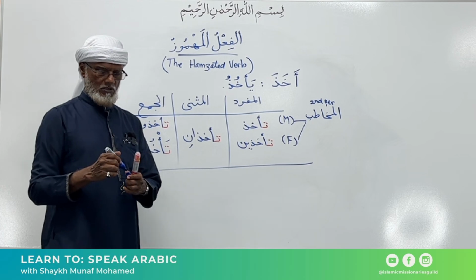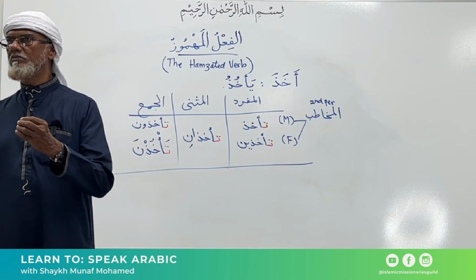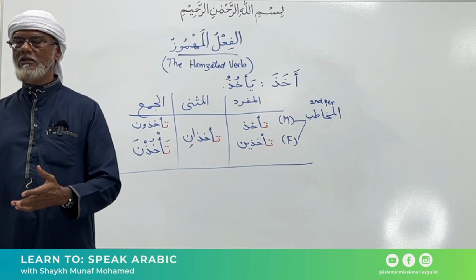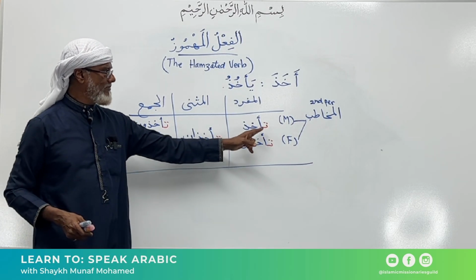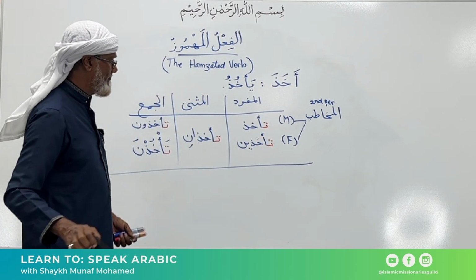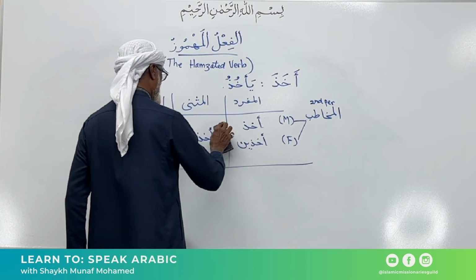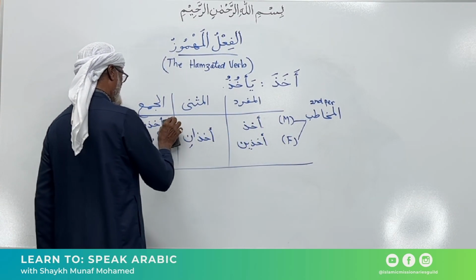So, the steps that you were told before, how to form the imperative or the command, is to replace the ta with, right, alif. Good. So we're going to replace this ta with the alif.